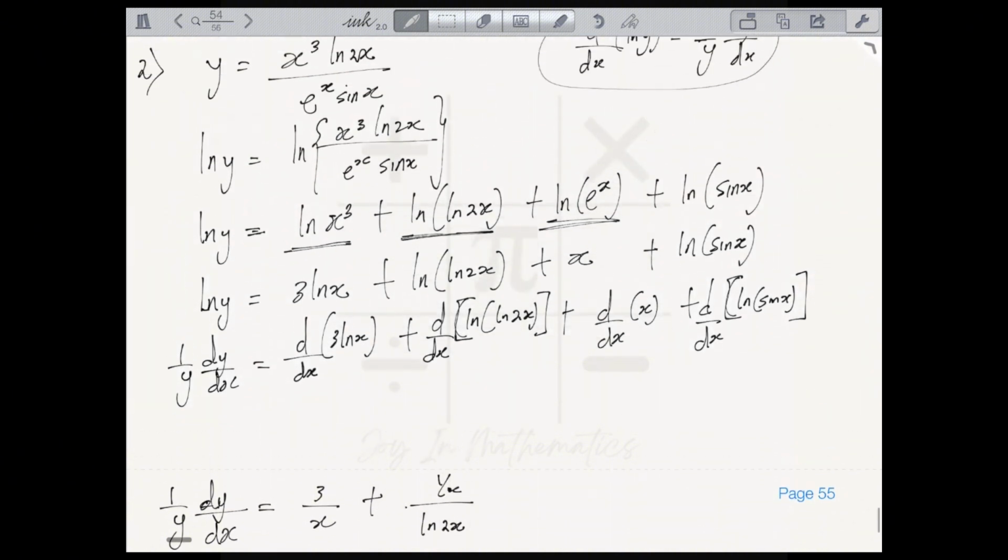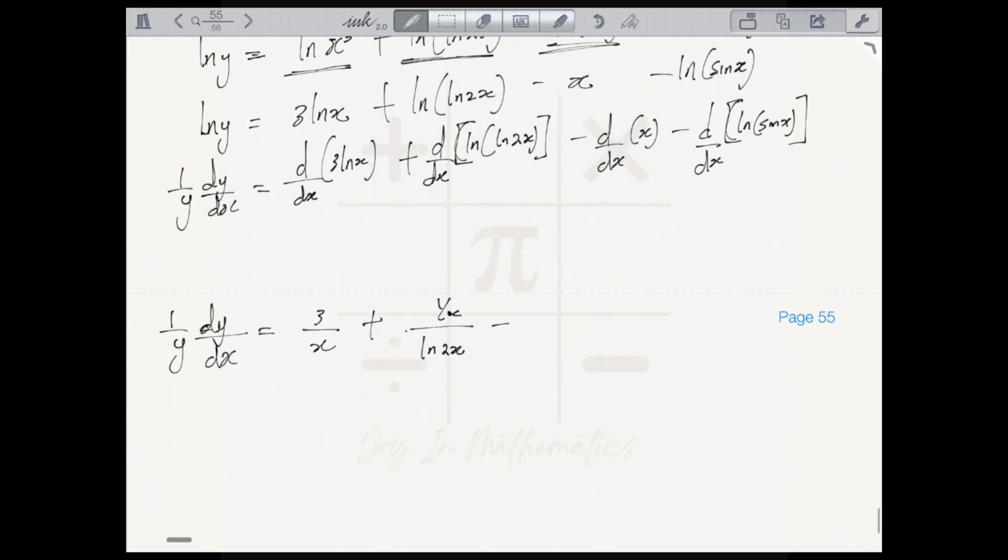Okay, we missed it somewhere. We should be having minus here, not positive, because they are dividing. Minus 1, and this will give us cos x divided by sine x.